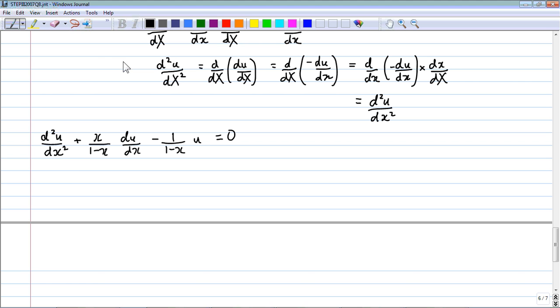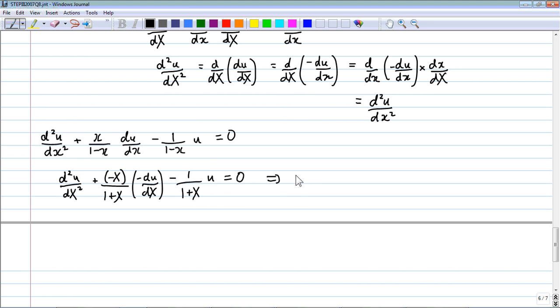The second derivative, d2u by d capital X squared, is exactly the same as d2u by d little x squared. Now, x over 1 minus x, well, that was minus capital X over 1 plus capital X, and du by dx was minus du by d capital X. And then minus 1 over 1 plus capital X, times u equals 0.